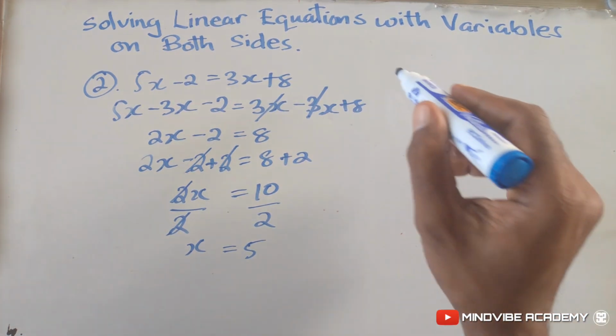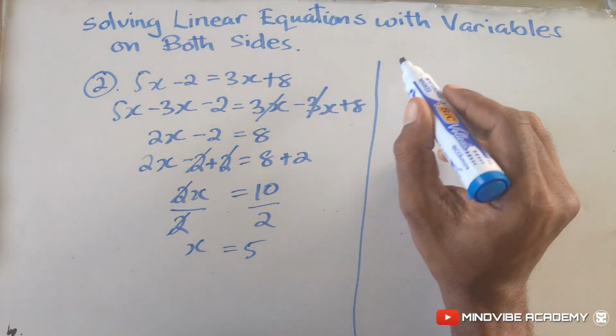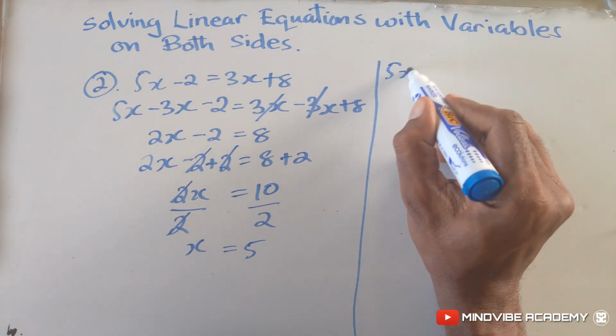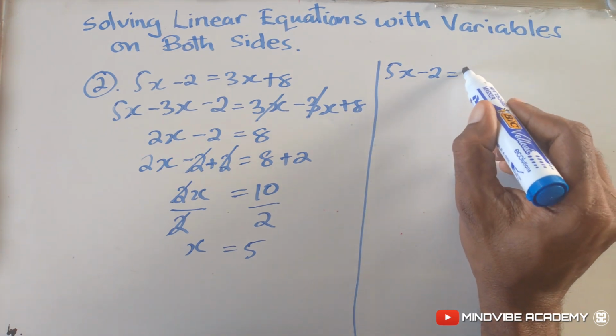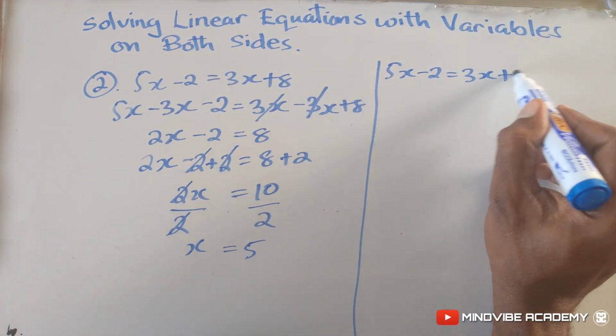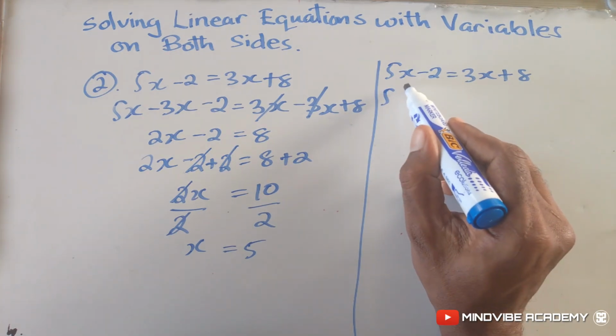Okay, and finally we are going to verify it. So we have 2x minus 2 is equal to 3x plus 8, and we have 5.